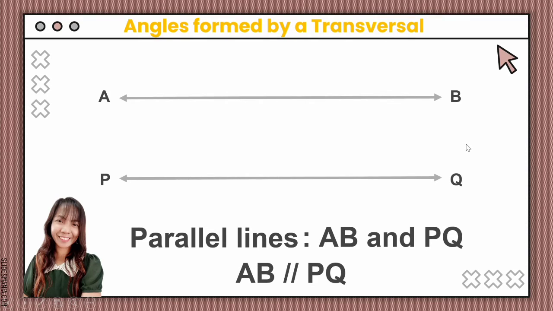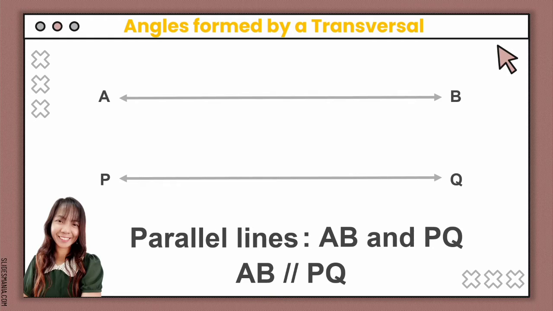Okay, next. This symbol means parallel to. AB is parallel to PQ. I'm going to say it again slowly.